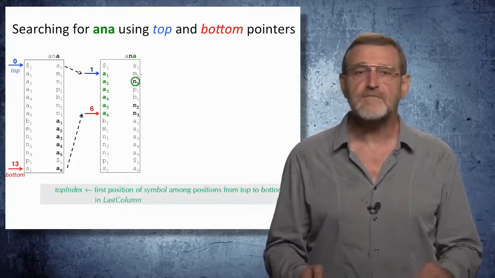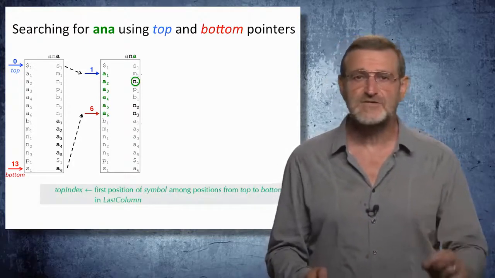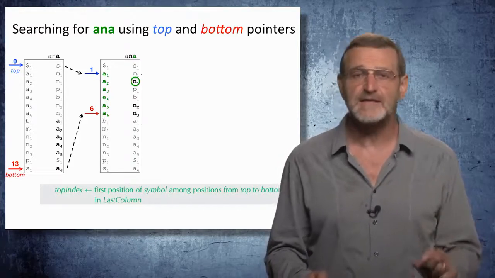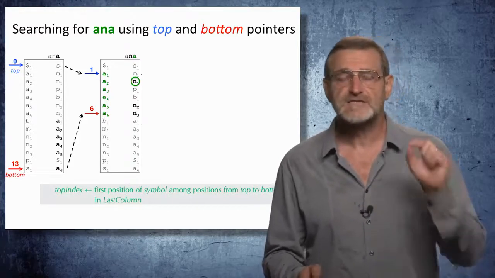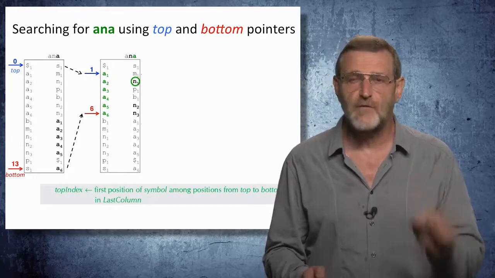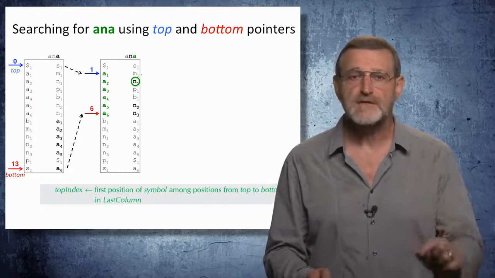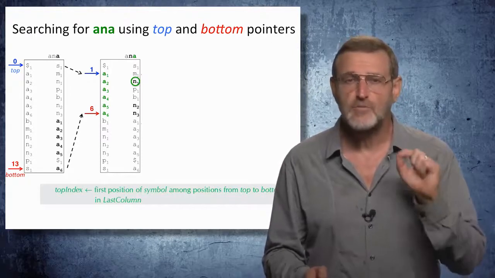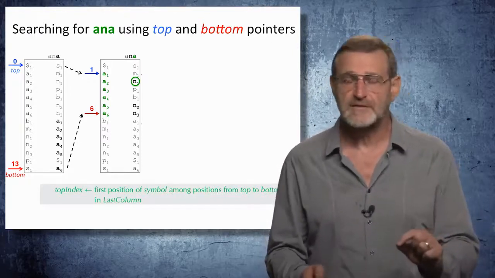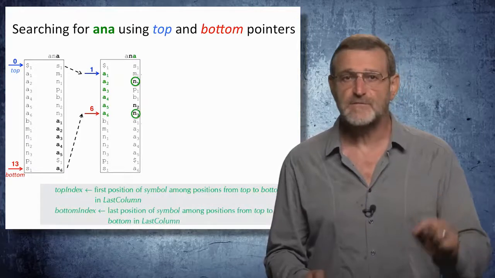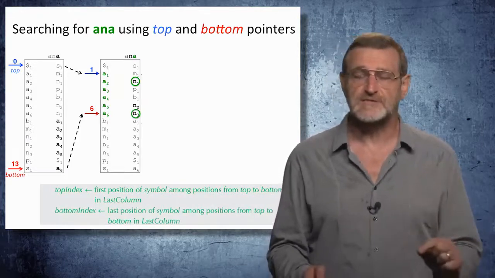Then what do we do afterwards? We are looking for the next symbol, which is N in ANA, and we are looking for the first occurrence of this symbol in the last column among positions from top to bottom. And likewise, afterwards, we are looking for the last occurrence of this symbol.